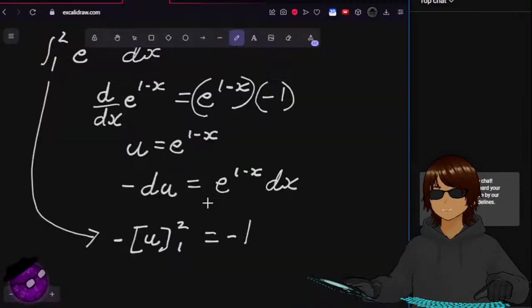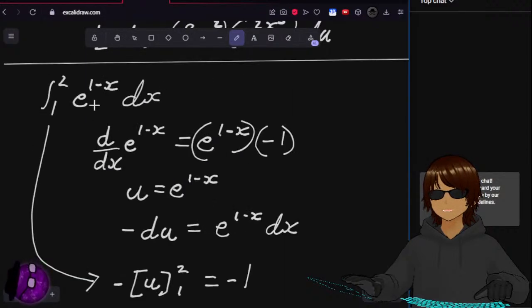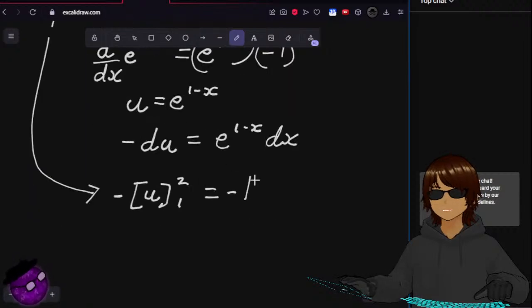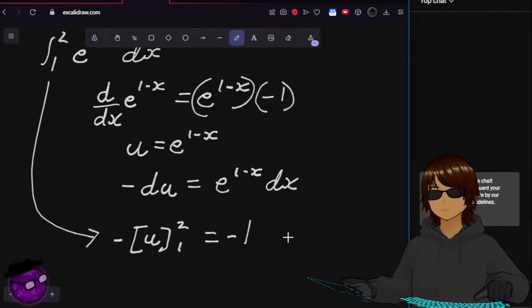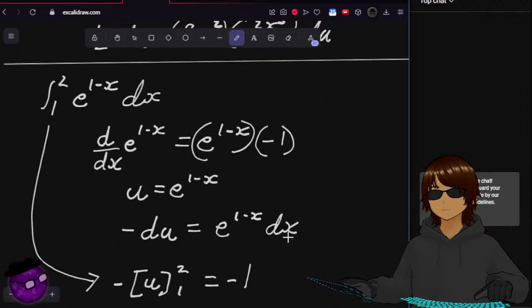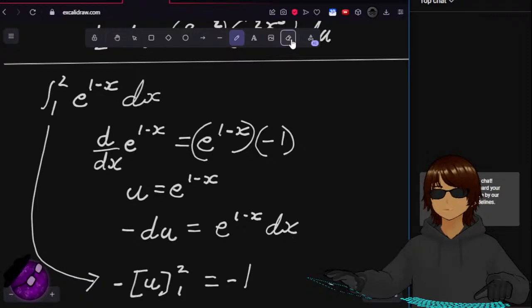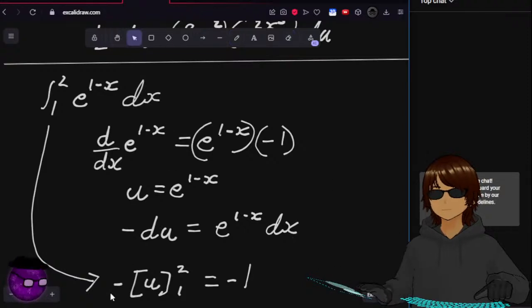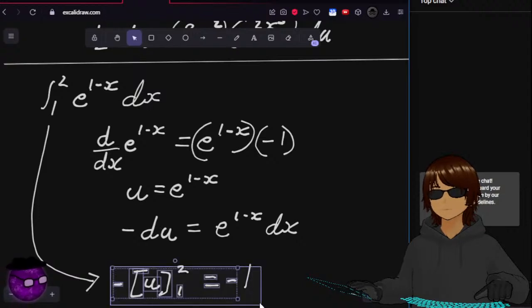Or I should also expand u, so e to the u is minus... hold on, no wait, I got this wrong. I need to replace 2 and 1 as well.